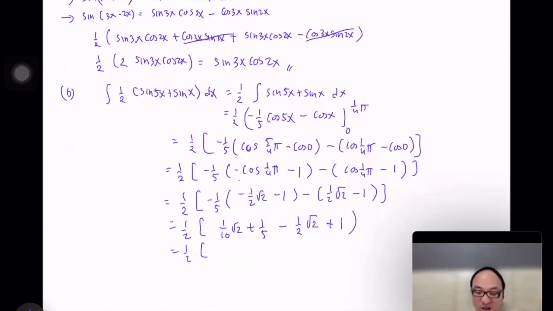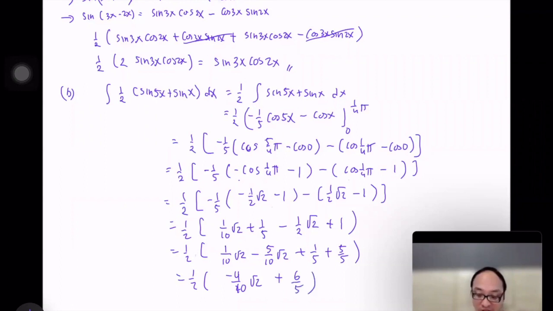I can combine the square root 2. It becomes 1 over 10 square root 2 minus 5 over 10 square root 2 plus 1 over 5 plus 5 over 5. So this is minus 4 over 10 square root 2 plus 6 over 5.